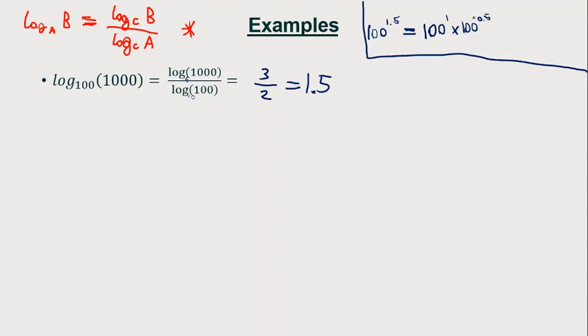Because these powers need to be added up, and therefore we end up where we started. 100 to the power of 1 is of course 100. If you remember what we did in the very first topic of the semester, 100 to the power of half means square root of 100, and that gives me 10. Of course, that was multiplied with 100, beg me pardon, 100 multiplied with 10, and that is indeed 1000.